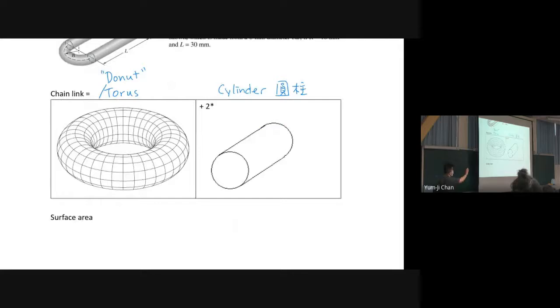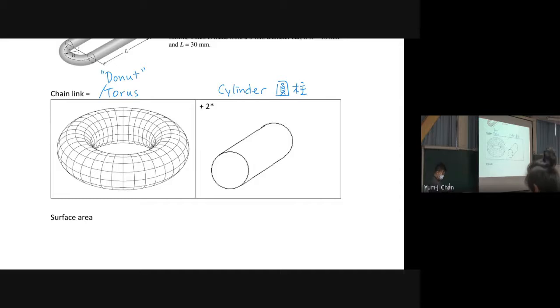Of course, the right-hand part should be easy for you. The problem is the left-hand side, right? The right-hand side should be easy, so let's do the left-hand side.